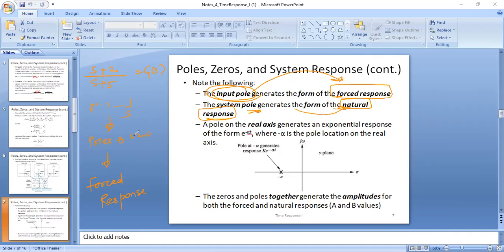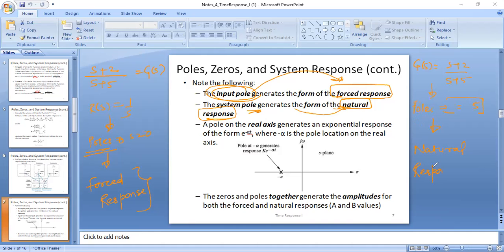This is your input pole and this input pole will generate your forced response. And G of S is the transfer function of a system. What is the location of poles here? S is equal to -5. So this pole will generate natural response.